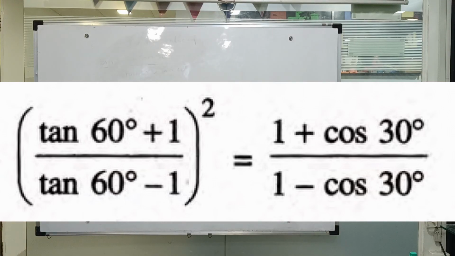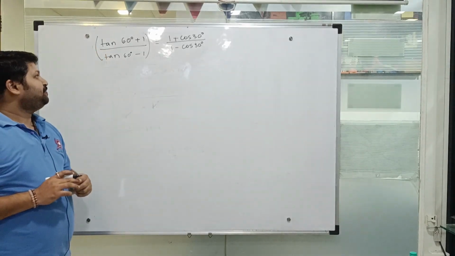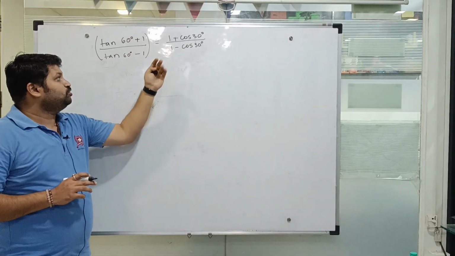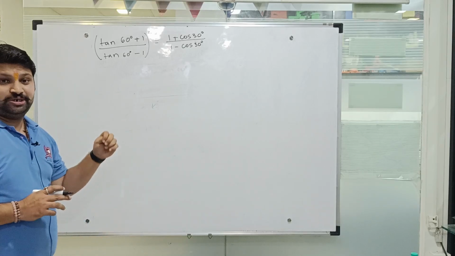The question is: (tan 60 degrees plus 1 upon tan 60 degrees minus 1) whole square is equal to (1 plus cos 30 degrees) upon (1 minus cos 30 degrees).